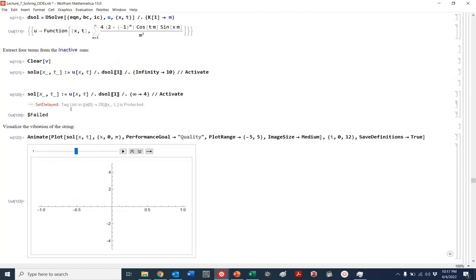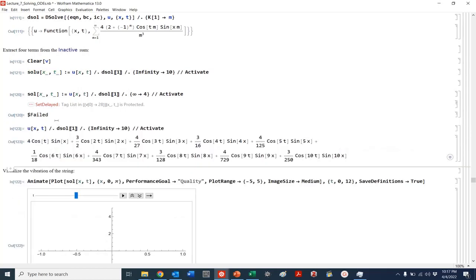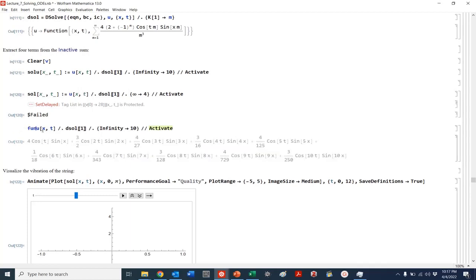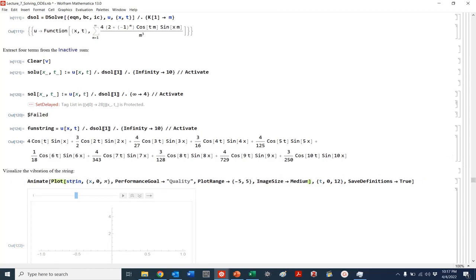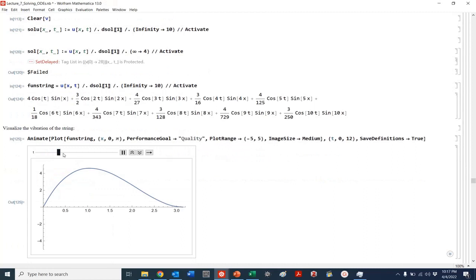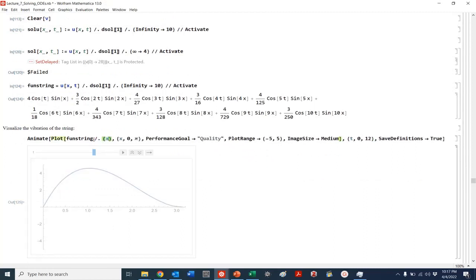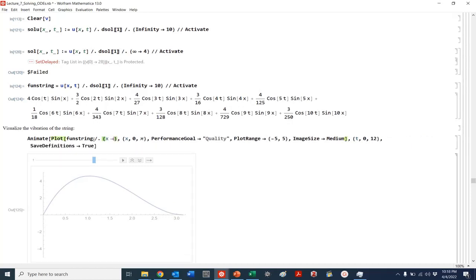Let's figure out what's happening here. But actually, we could do something a little bit more elegant. We could set this as my function string, and I could plot string, with x going to x1, and we want to plot this.